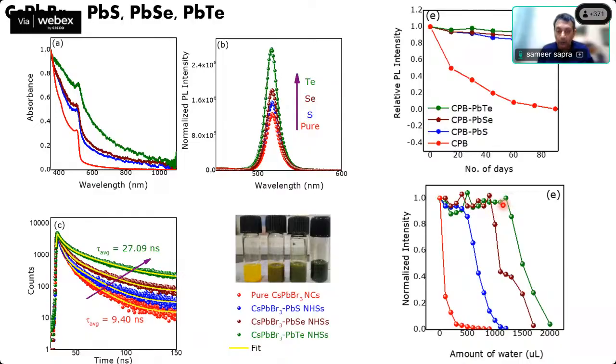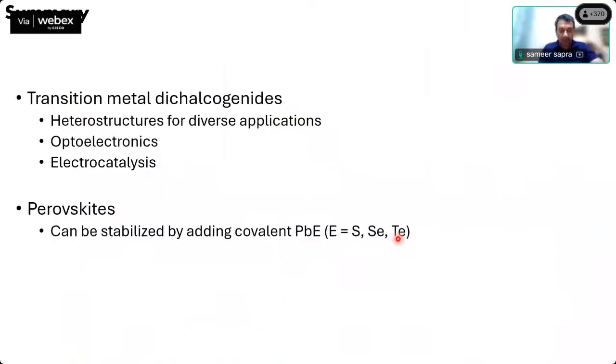Okay. So this is pretty much what I wanted to tell you about these transition metal dichalcogenides, that they're a very versatile kind of material, where we can also make a lot of heterostructures.